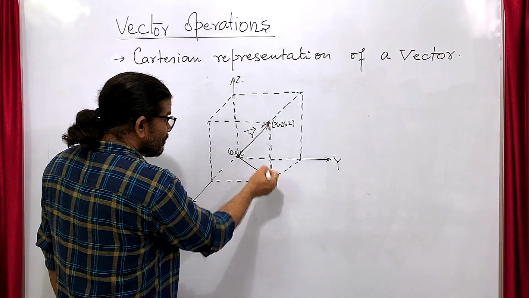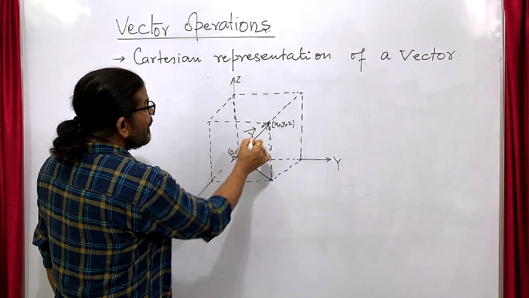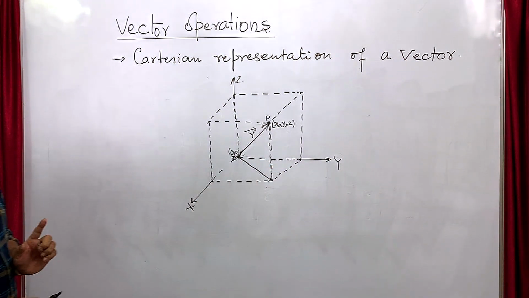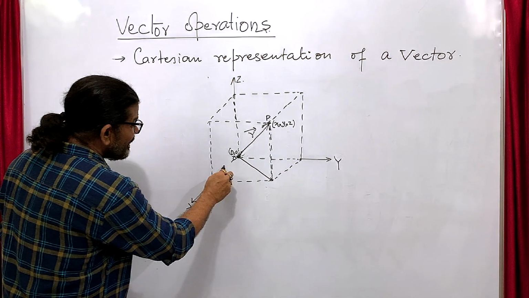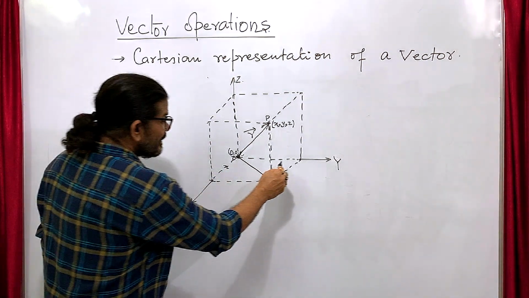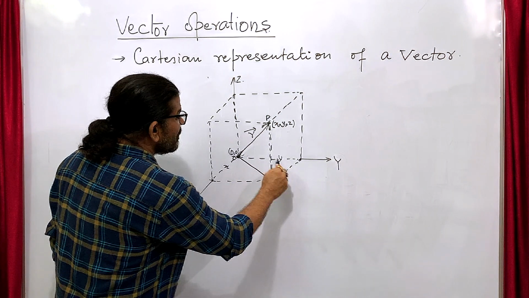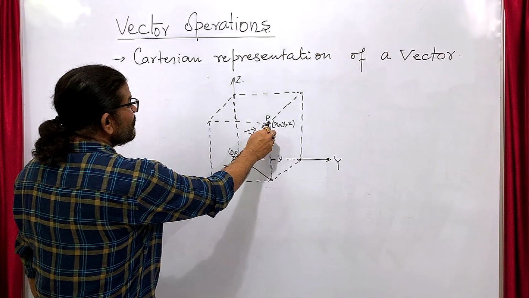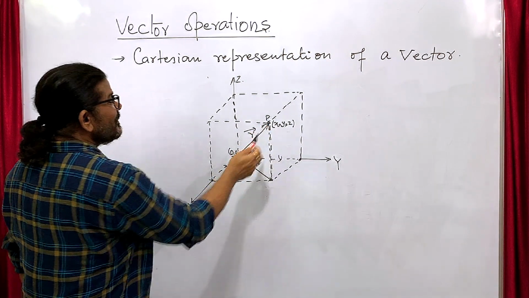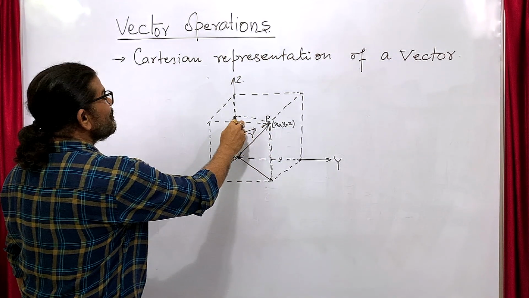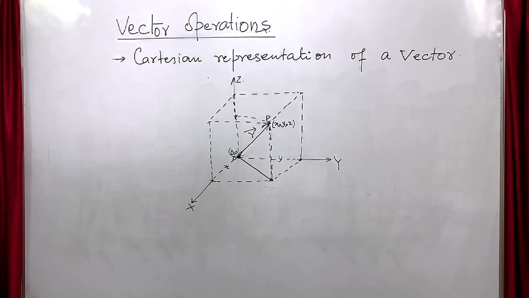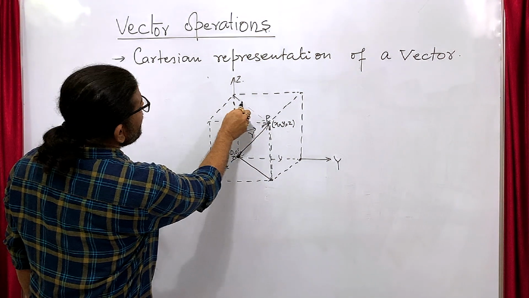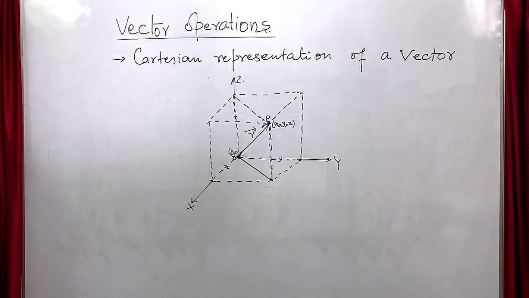If this is the projection of the OP vector, or r vector, on the xy plane, then this will be its x component and this will be its y component, and here will be its z component.